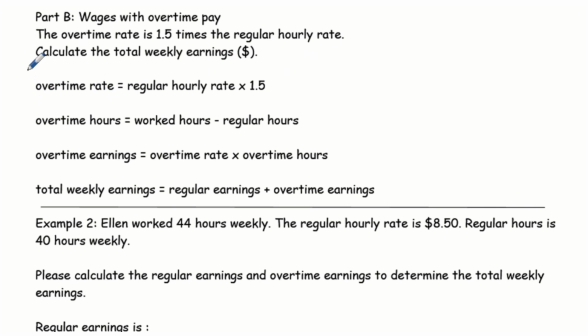We are going to figure out overtime rate first, use a regular hourly rate, the unit price times 1.5 to get the overtime hourly pay. Then after that, we need to figure out the overtime hours. That is the hours you worked minus the regular hours. Then that is the amount of hours you are going to pay by 1.5.